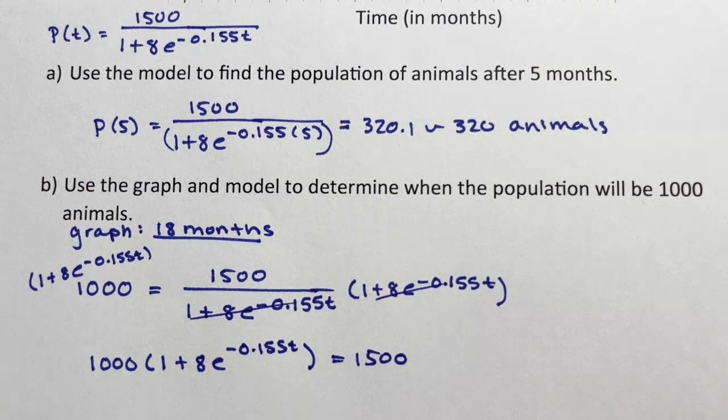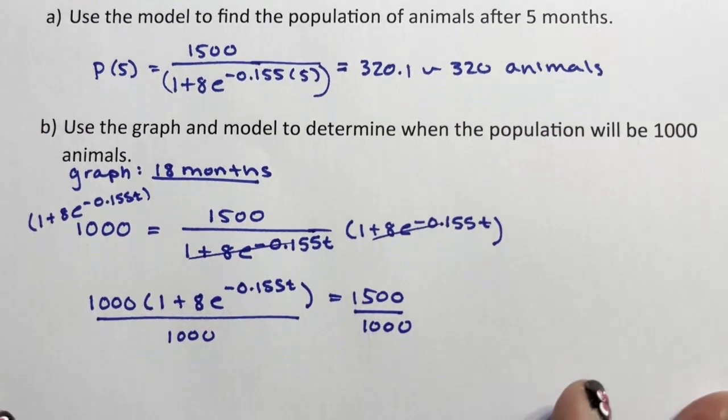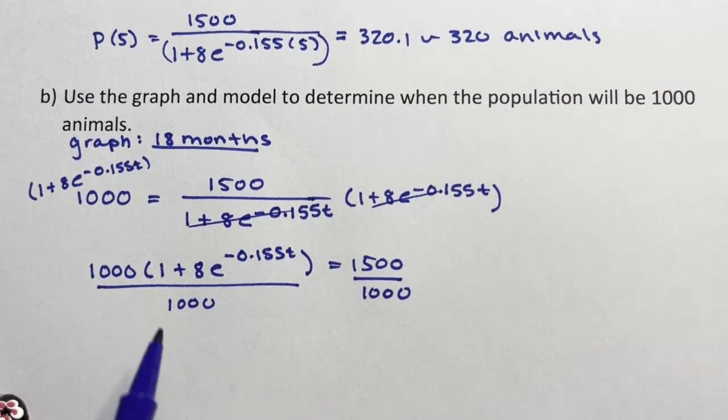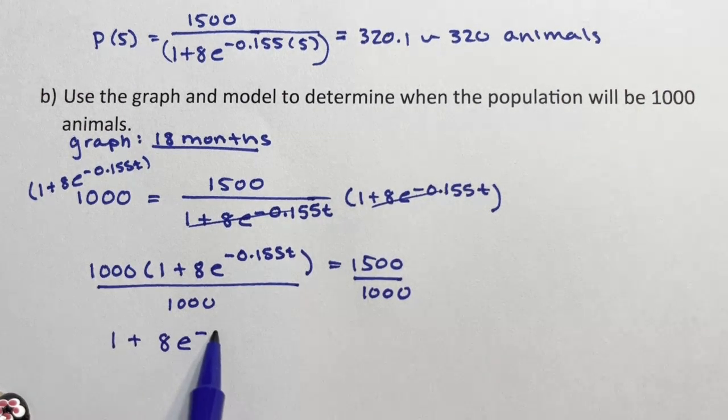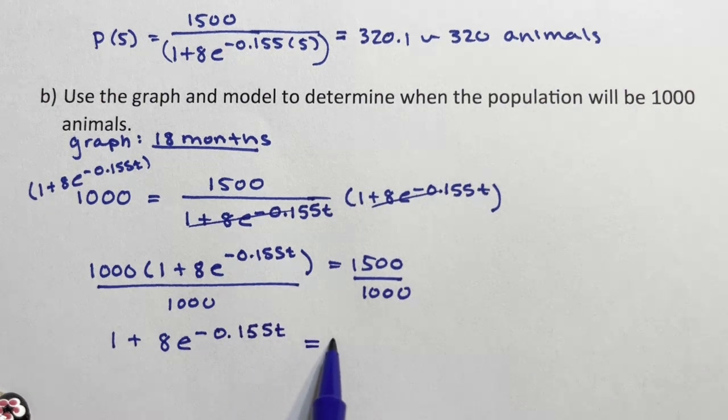I'm not going to distribute. I'm just going to divide both sides by 1,000. And I am going to be left with 1 plus 8 times e to the negative 0.155t equals 1.5.